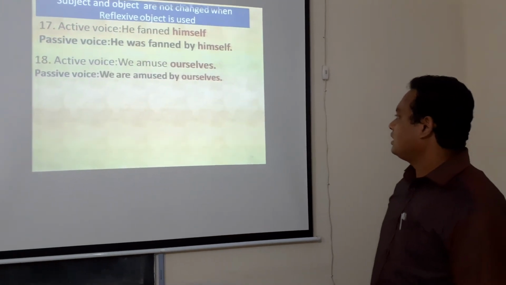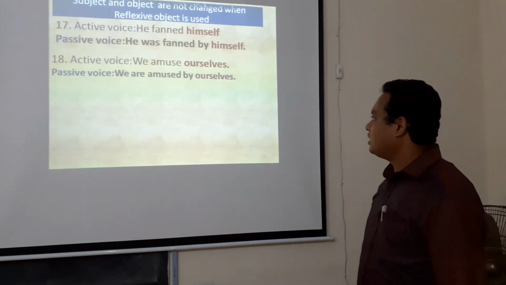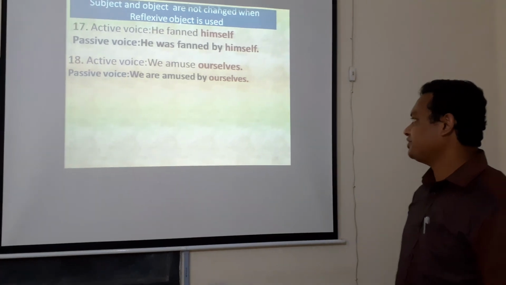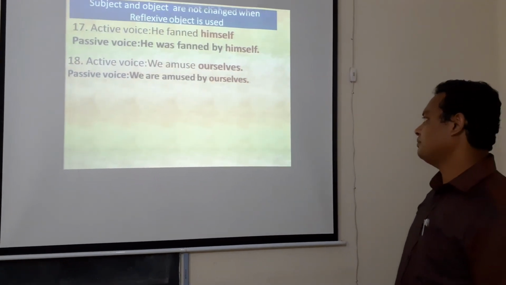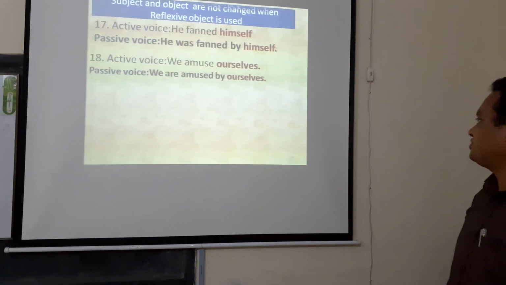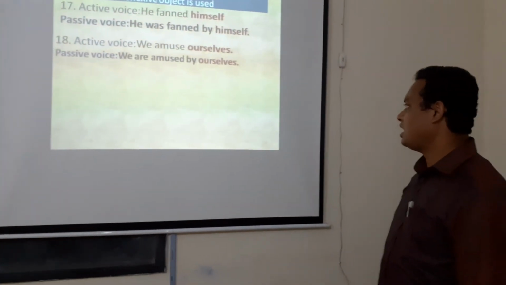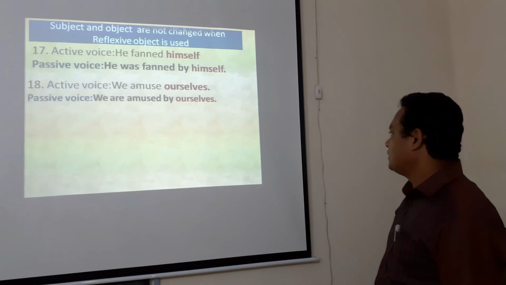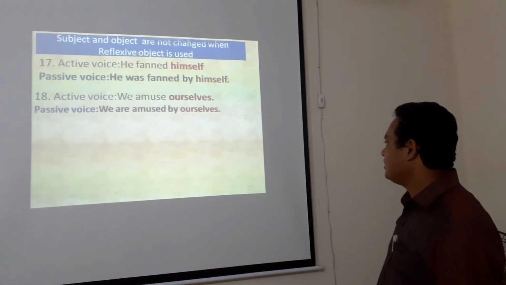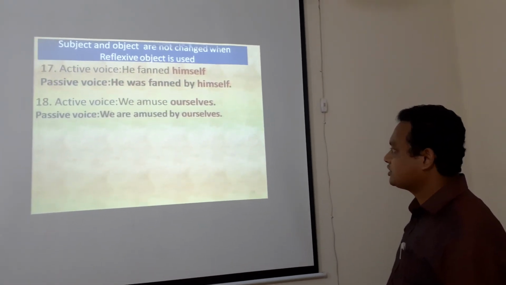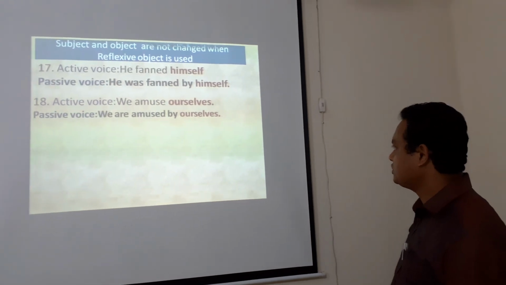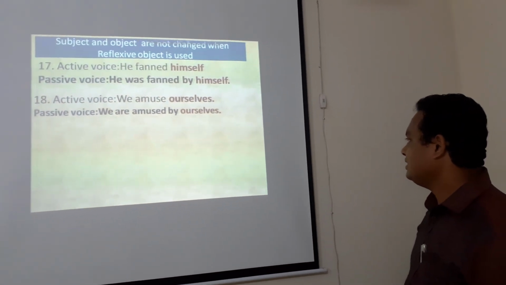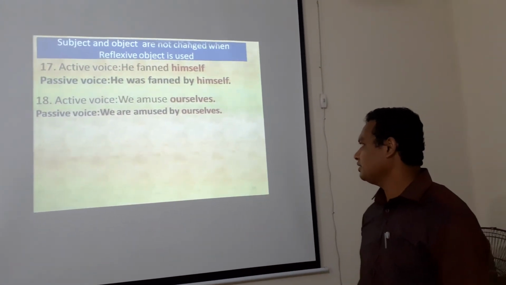Here, the subjects of the active and passive voice are the same. As it is present indefinite, are is used. The past participle form of the main verb, amused, is used. By is used as preposition.